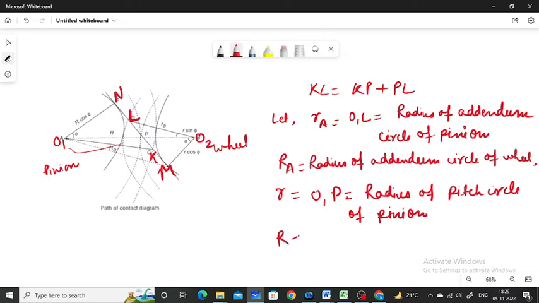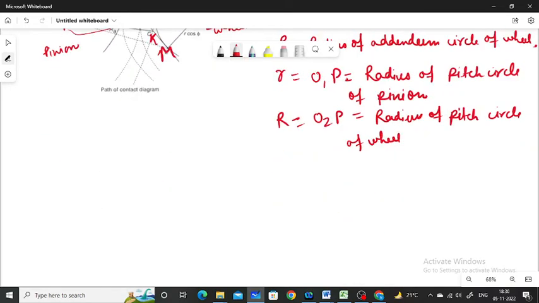Capital R equal to O2P is the radius of the pitch circle of the wheel.